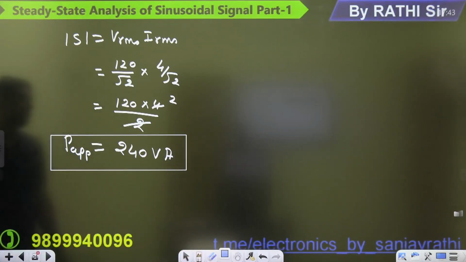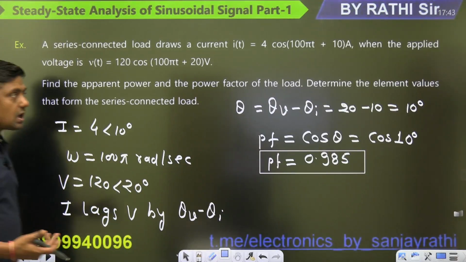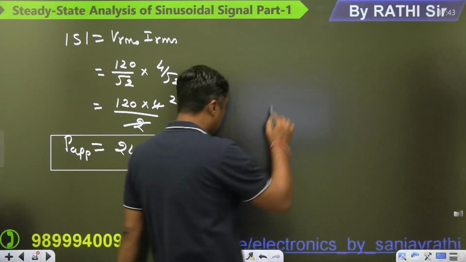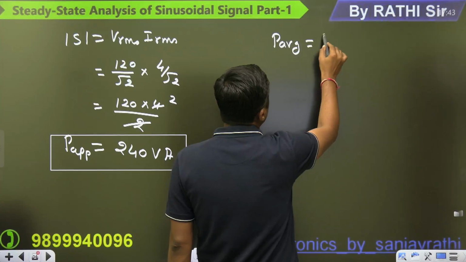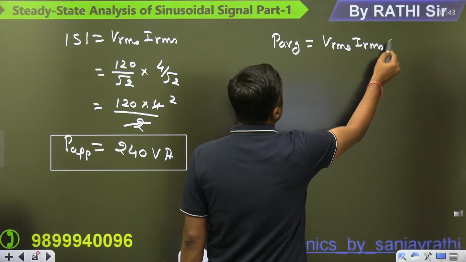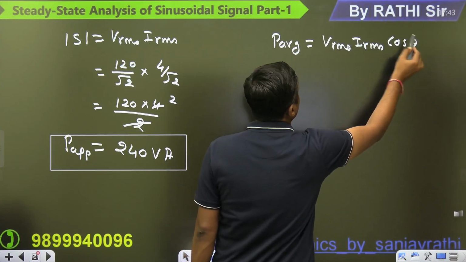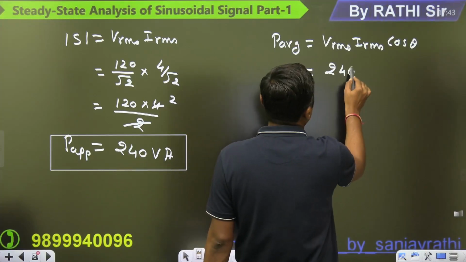Question finished. Now if it is asked, what is the average power? The average power is nothing but Vrms Irms cos theta. Vrms Irms is the apparent power, 240. What is the cos theta?